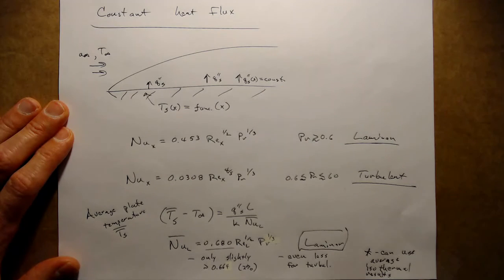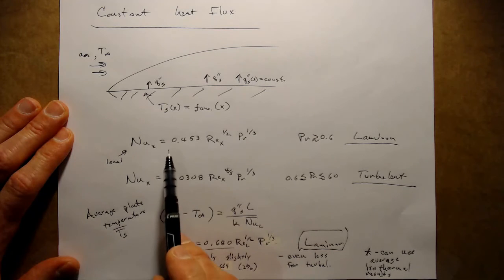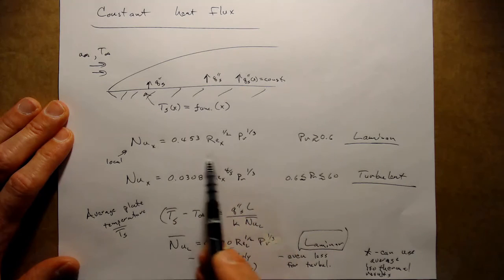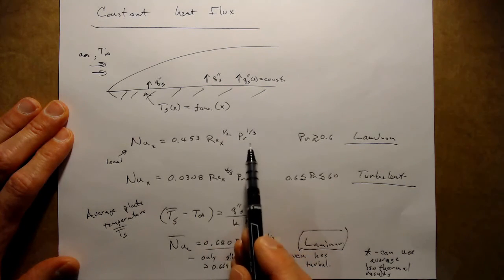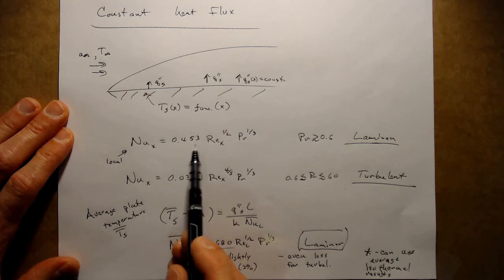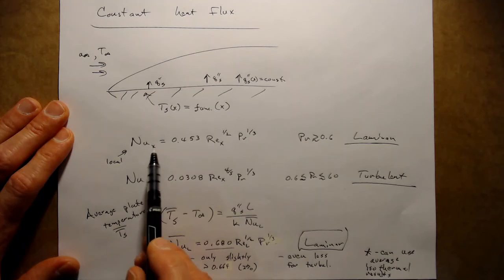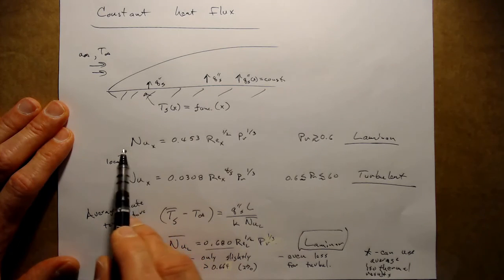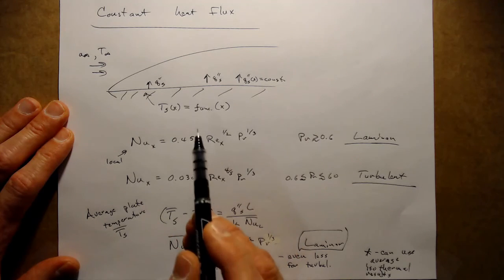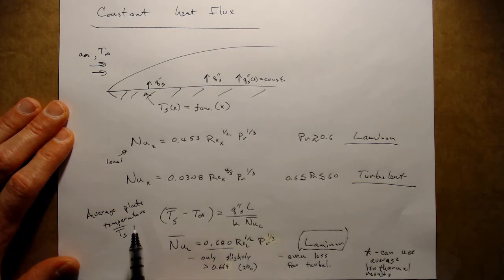Again, we can arrive at correlations describing these results. So for the local Nusselt number in laminar flow, we see a similar dependence on Reynolds number and Prandtl number to the constant temperature, isothermal case. We just see a larger prefactor. So on average, or anywhere, the Nusselt number is larger for the constant heat flux case than it is for the isothermal case.